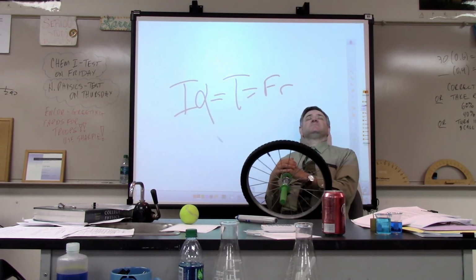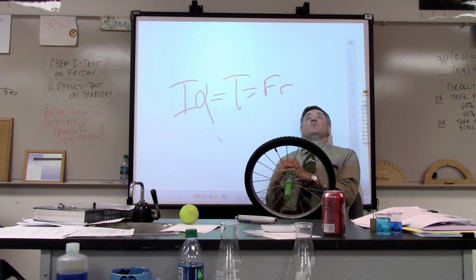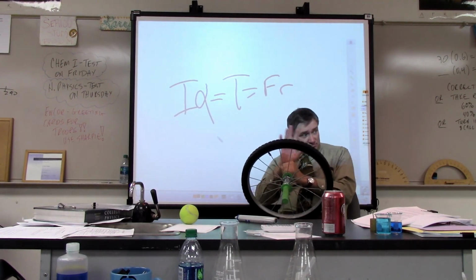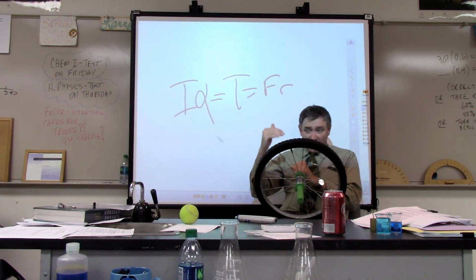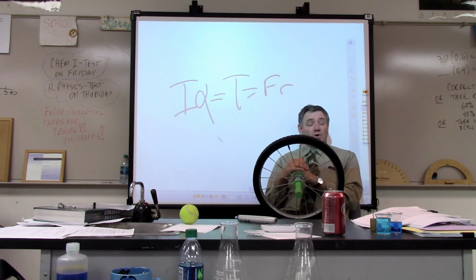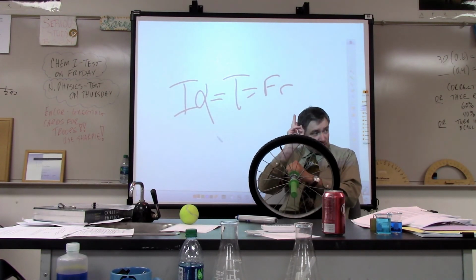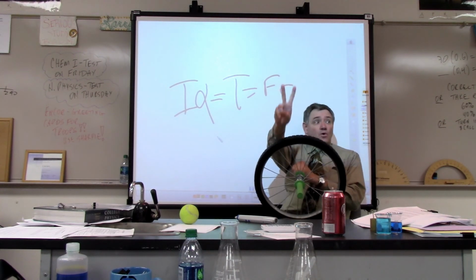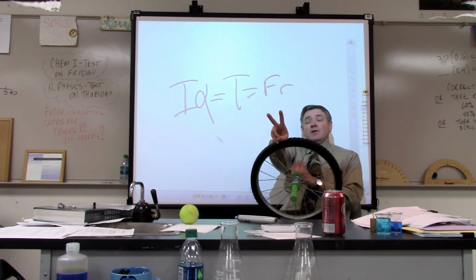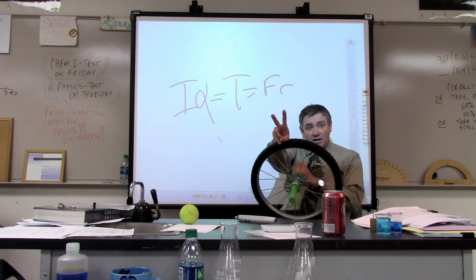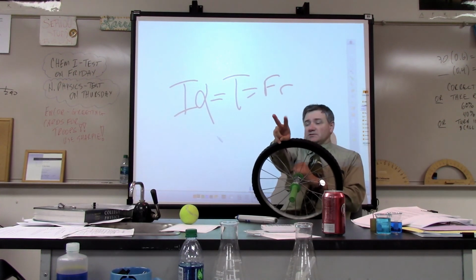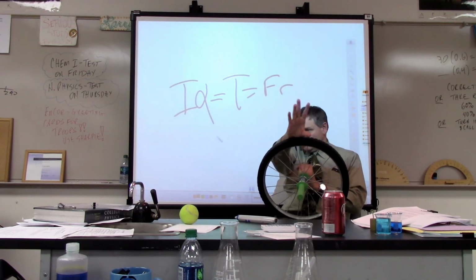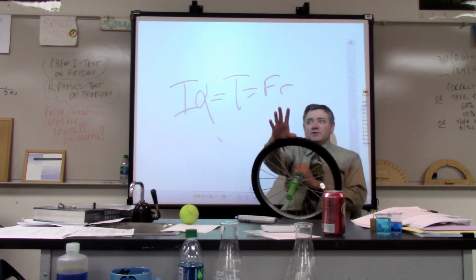Now, listen to me. When you look at that mr squared, it's a general equation. But in terms of actually calculating moment of inertia, you can only do that in two distinct situations: when it is a point mass or a thin hoop. Anything else, you cannot use mr squared. Solid disk, hollow sphere, solid sphere, door, whatever it is.